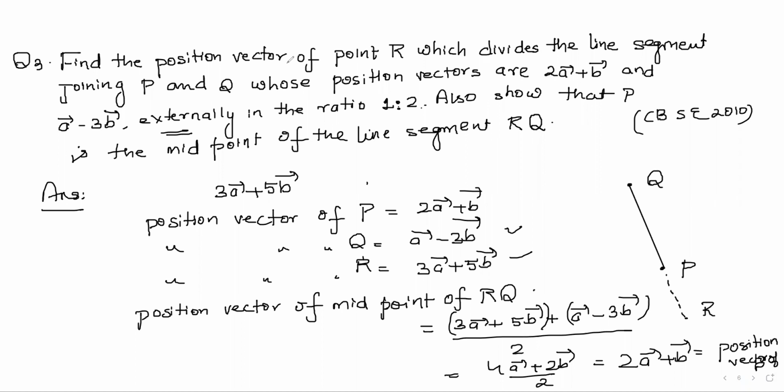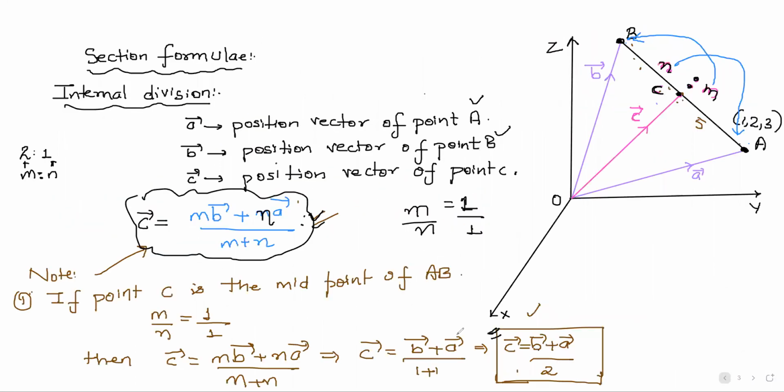Sir, can you explain the second part again? Okay, Umer, you missed this one. Umer, we have this formula for internal division, MB plus NA by M plus N. If C is the midpoint of AB, then what will be the ratio?